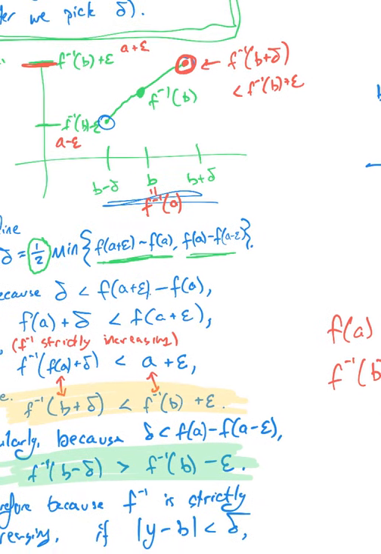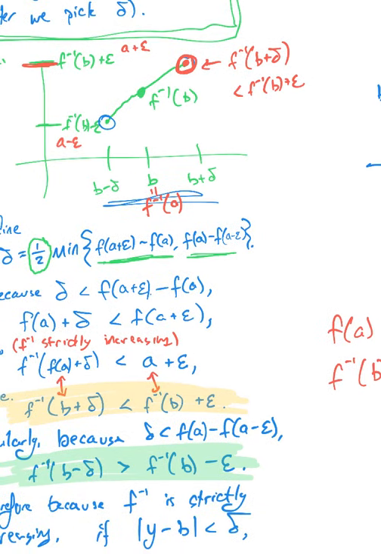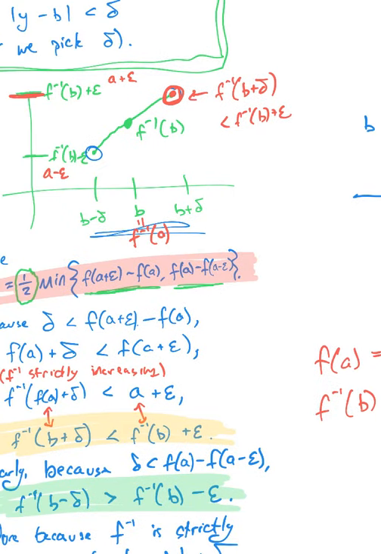And that's essentially what our definition is doing. That is our definition of delta. Look at how much the function changed when we went from f of a to f of a plus epsilon, and how much it changed when we went from f of a minus epsilon to f of a.